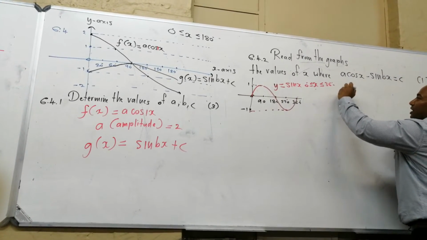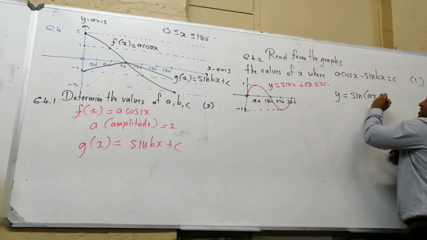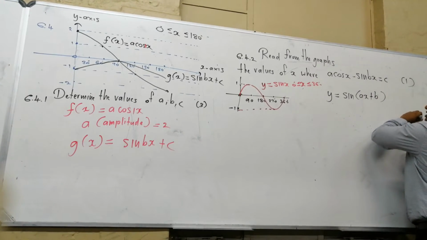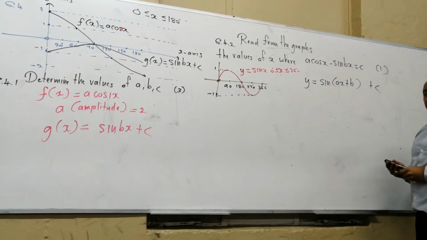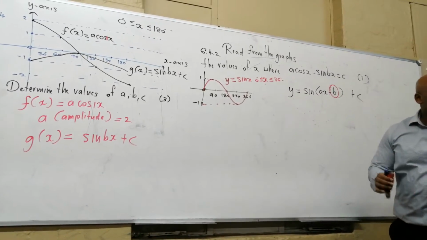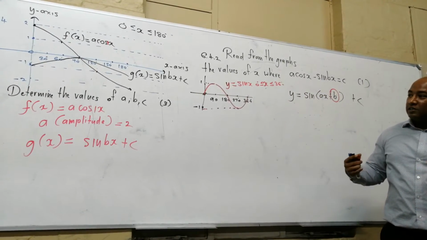So if I got y is equal to sine of maybe ax plus b, and then I got plus c, if I had something like this here, then this will affect the graph shifting left or right.